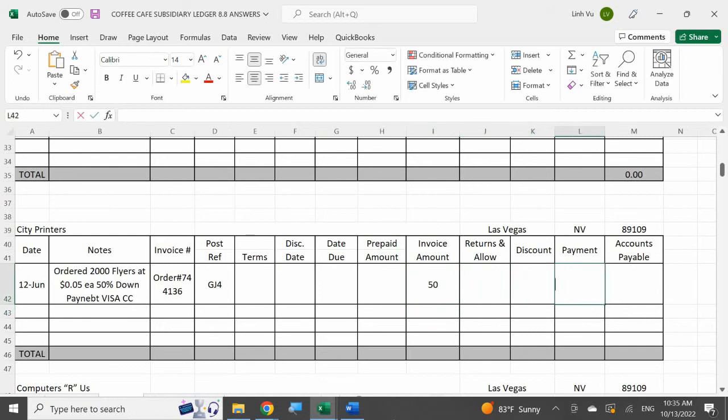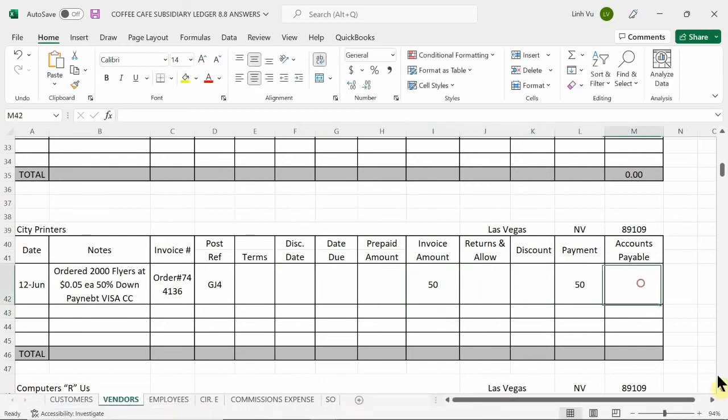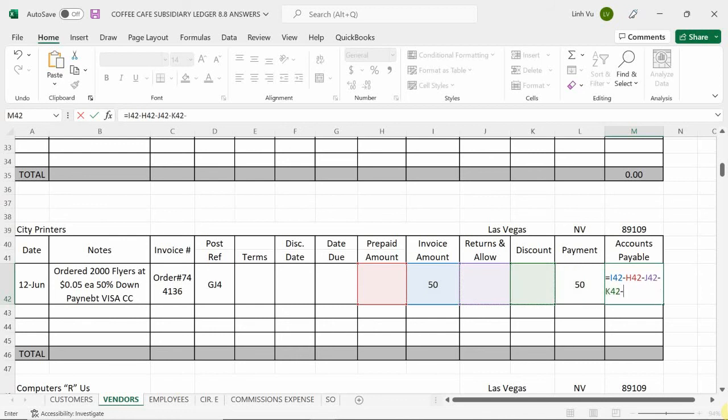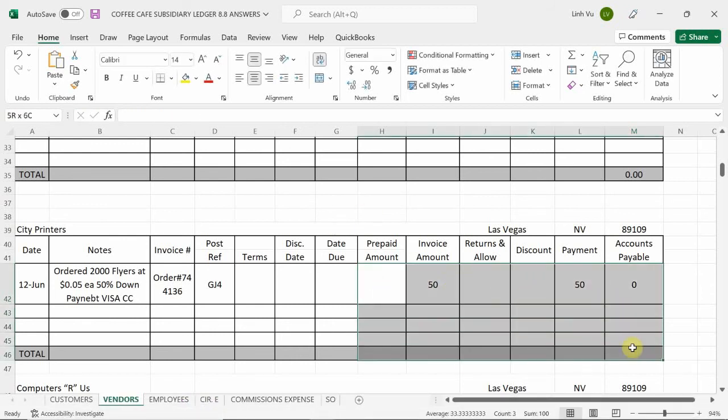And you paid with your Visa credit card. So you owe City Printers nothing right now, and on their end, they owe me 2,000 flyers. When we pick it up, we'll record the rest of this order.